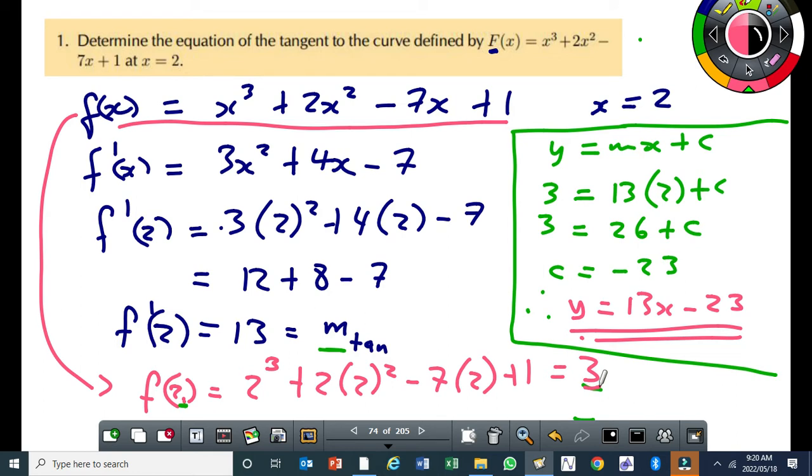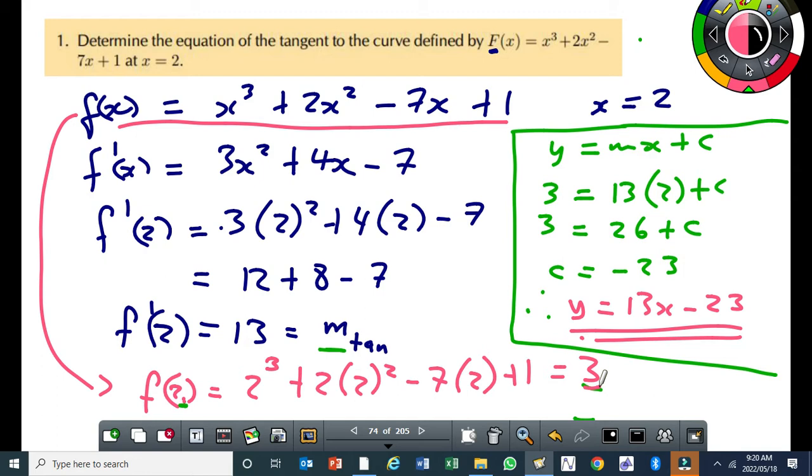Remember, you cannot find the equation of a tangent without knowing the y value at the point of contact. So you need to know the x value, which in most cases will be given. Then you also have to substitute that x value into the original equation. So you've got the y value, which is a 3.